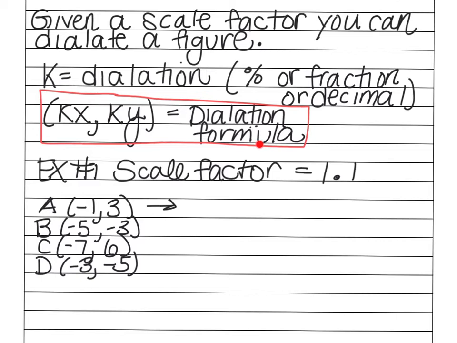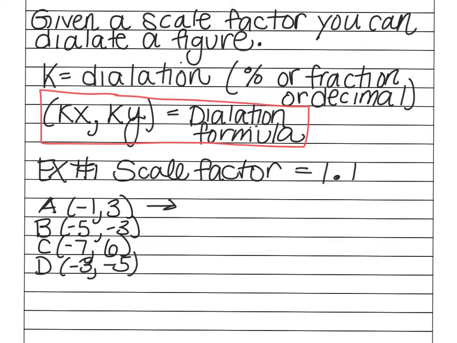That's the formula you're going to use. For example, if I'm given a scale factor of 1.1, a decimal greater than 1, I know I am enlarging the object, so I multiply it by each coordinate to enlarge it.